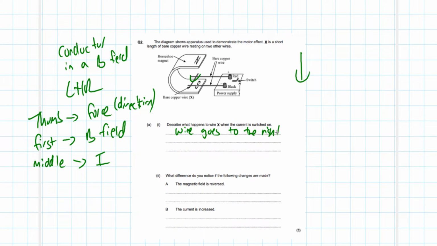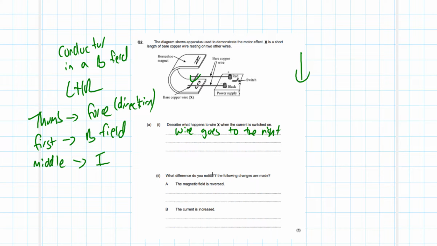Your middle finger will be pointing towards you. The way you want to set this up is the index finger goes straight down, your middle finger goes towards you, and then you should have your thumb pointing out to the right, and that means your wire will move to the right.